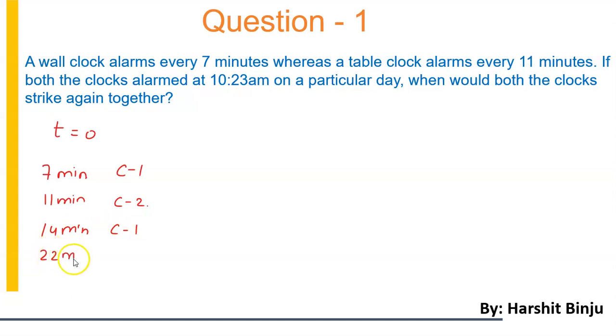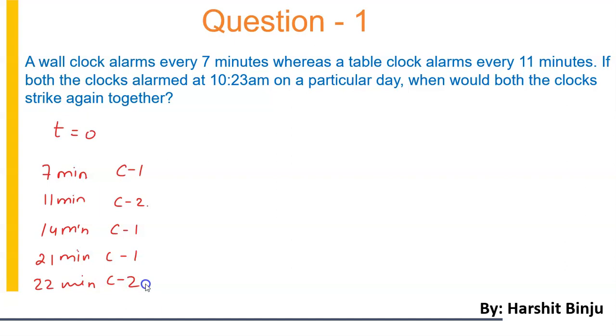At 22 minutes, clock 2 is going to strike. Then at 21 minutes, clock 1 is going to strike again, and at 22 minutes, clock 2 is going to strike, and so on. The process is going to continue.